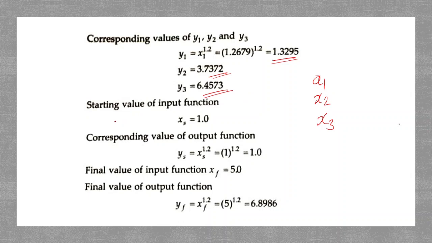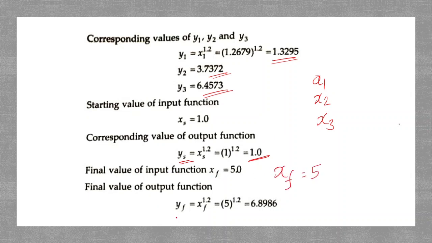Then the starting value of the input function xs is equal to 1. Then ys is equal to xs raised to 1.2. That's equal to 1. Then the final value of the input function xf is equal to 5.